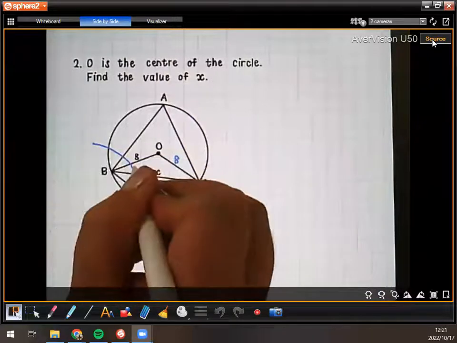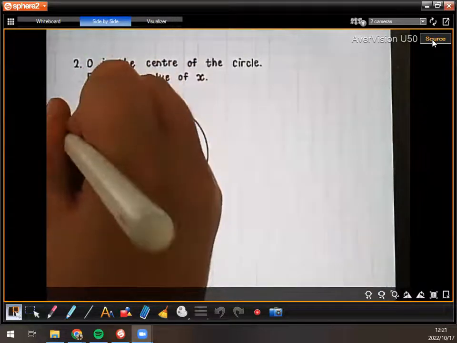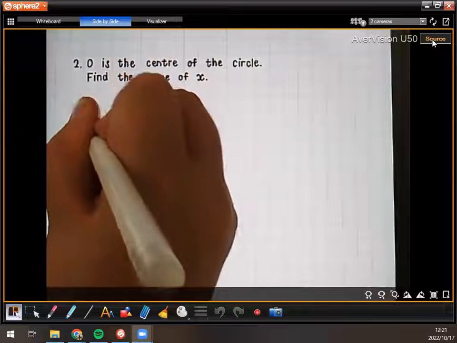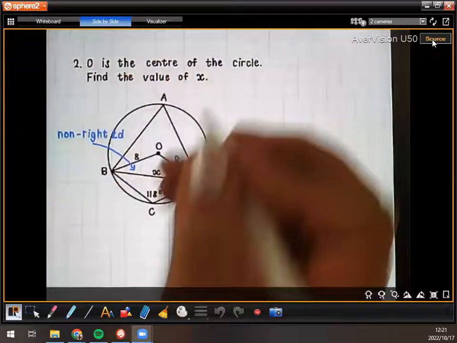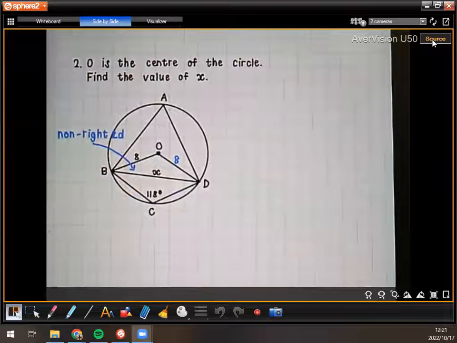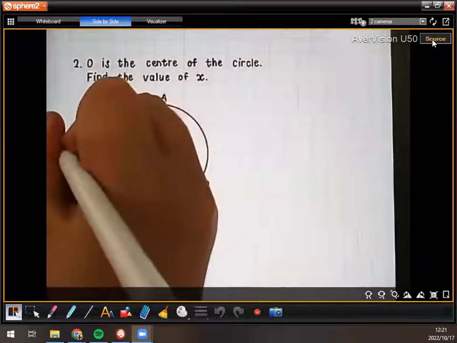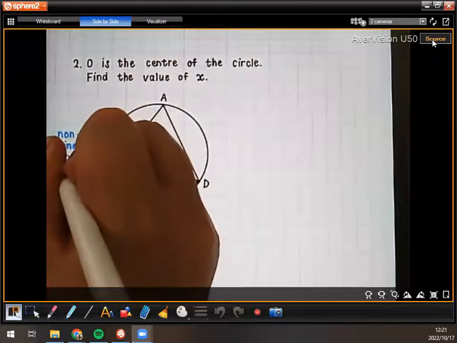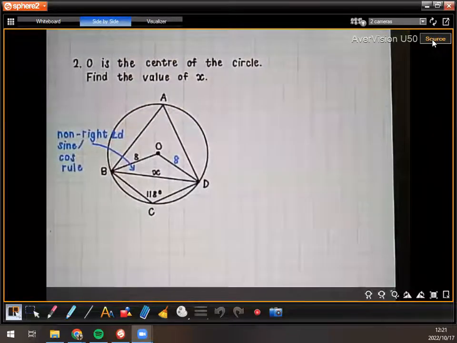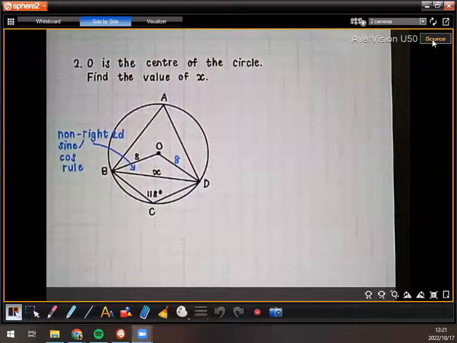I'm also just going to write that down. It does help, guys, if you recognize that, because then you can start thinking: if I want to use the sine rule, what do I need? If I want to use the cosine rule, what do I need? It's quite useful to do that at the beginning.